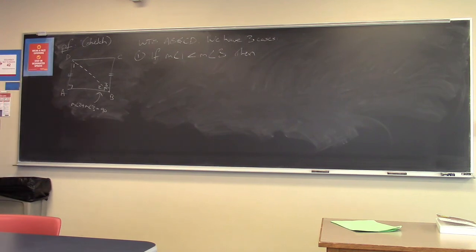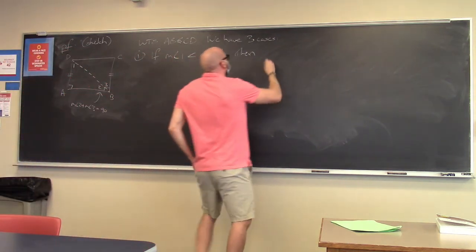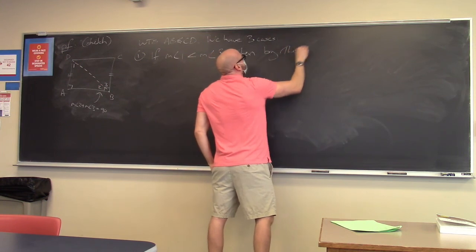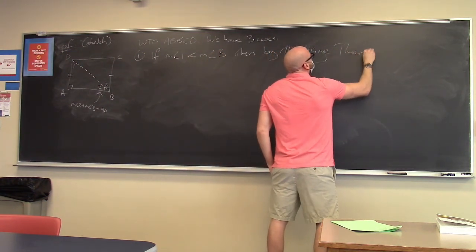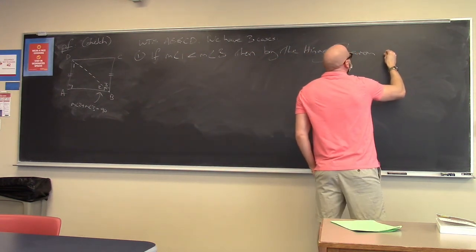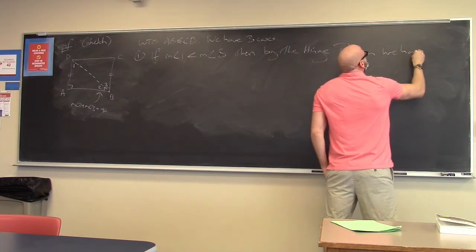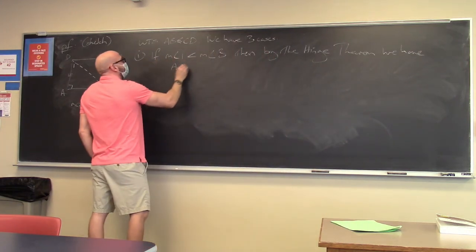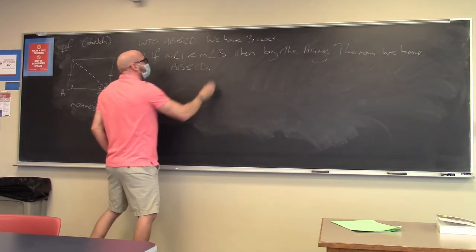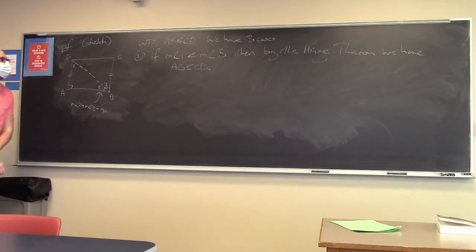And so I can immediately invoke the Hinge Theorem. If this is true, then by the Hinge Theorem, we have the desired result. We have AB is less than or equal to CD. All right, so that was easy.